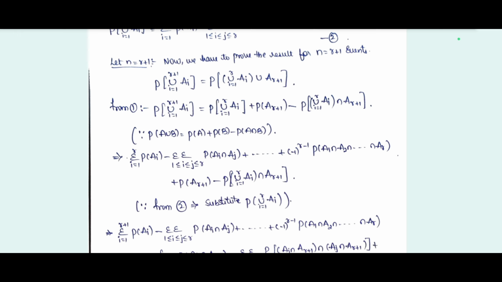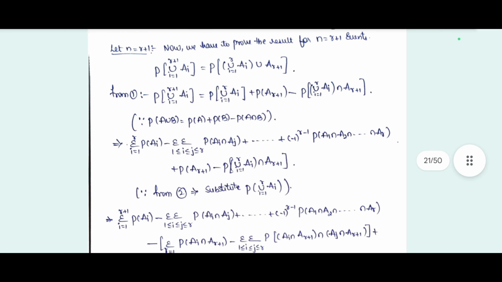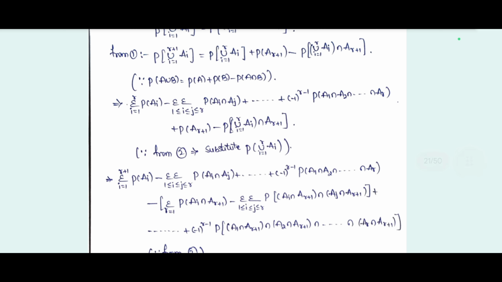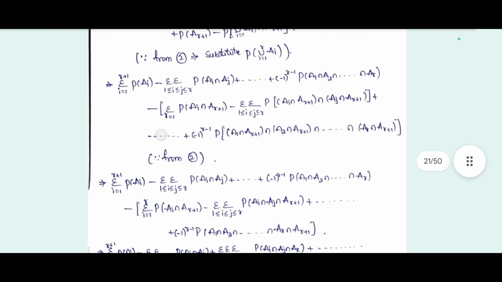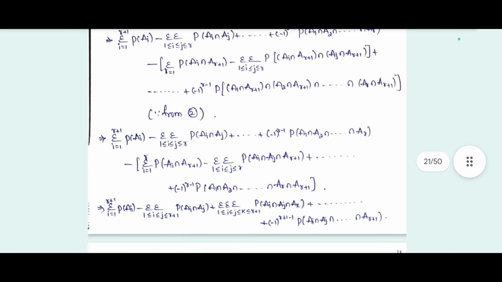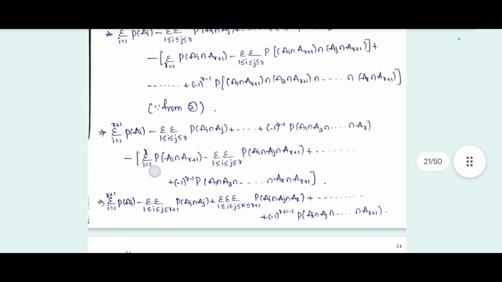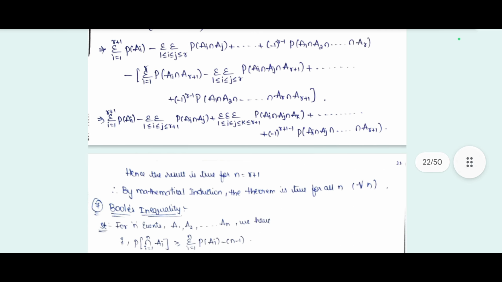Next, we substitute the complete n equals r statement over here, and from 2 we get the equation like this. Then we add each and every term with A r plus 1, hence this complete statement is also true for n equals r plus 1. So by mathematical induction we can prove this theorem.